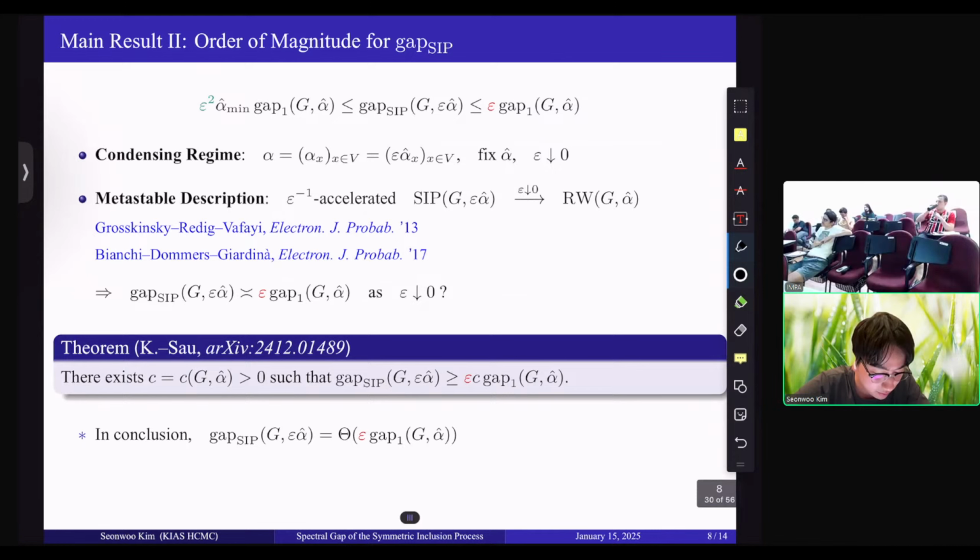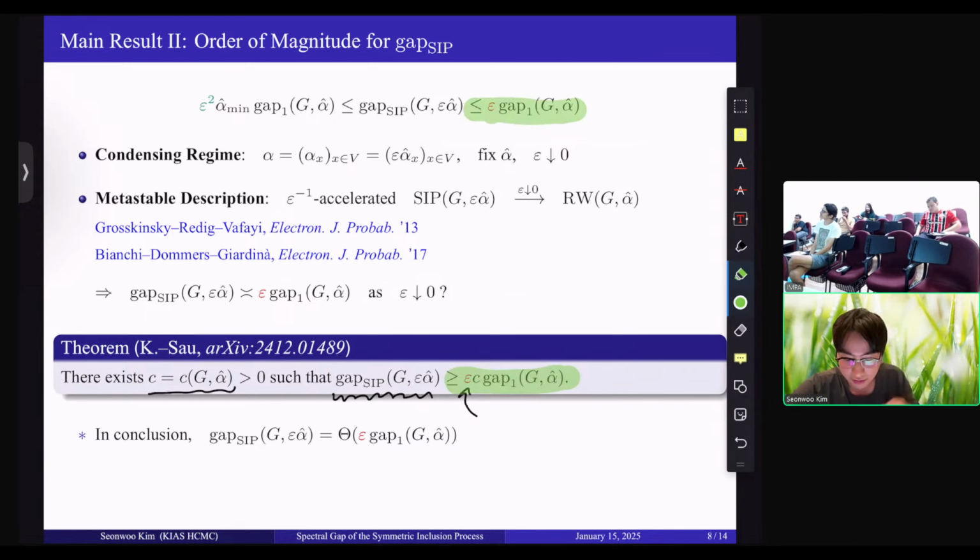In our recent paper with Federico, we proved that we can also lower bound this gap by a scale of epsilon, but with some suboptimal constant depending on G and alpha hat. So in conclusion, if we collect this lower bound and this upper bound, we can conclude that the gap of SIP has exactly the order 1 scale in terms of epsilon.